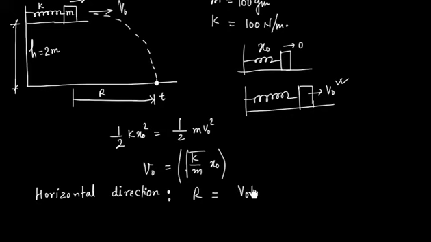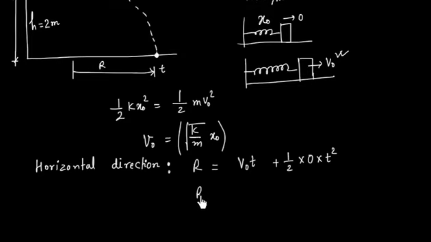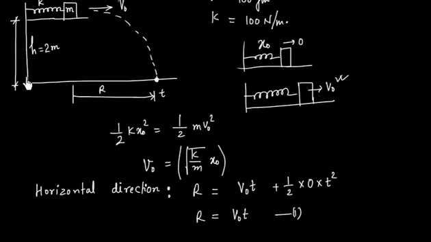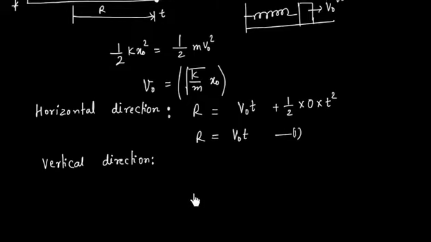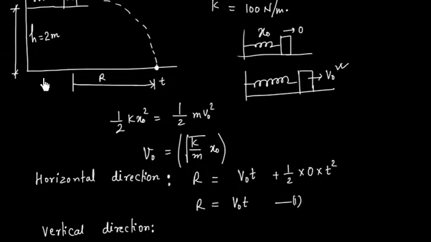Initial velocity is v naught, time is t, acceleration in x direction is 0. So we have one equation, r is equal to v naught t. And the second equation we can get by writing the vertical direction equation. And this equation will again be s is equal to ut plus half at square.